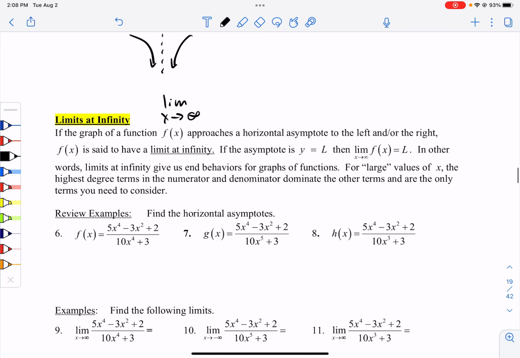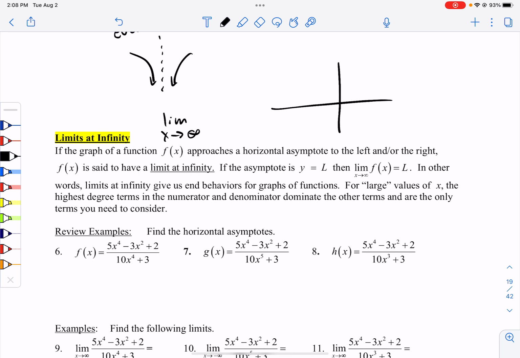If I have a function, let's make up a function here, and there's an asymptote like this. Now remember, these asymptotes go forever. It doesn't matter what's happening to my function. At the end of my function, I'm getting really close to that, but I'm not actually crossing it.